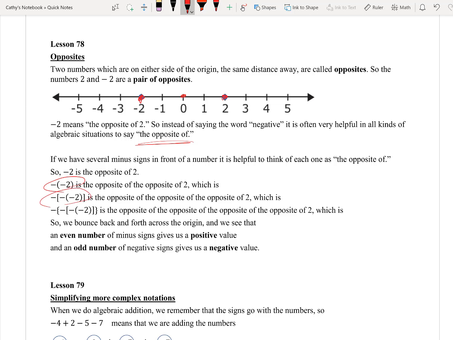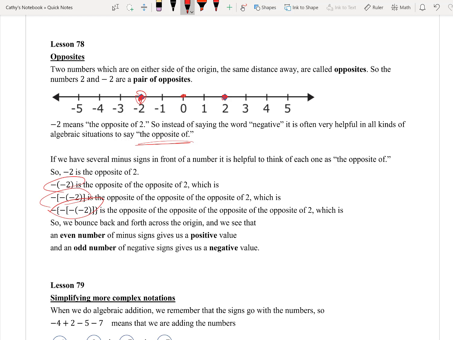The opposite of the opposite of the opposite of 2, in that case, you're going the opposite of 2, then taking the opposite of that, and then the opposite of that. So you end up back on the left side. Whenever you put another negative sign in front of a number, you're bouncing back and forth between these two numbers, just bouncing back and forth across the origin.